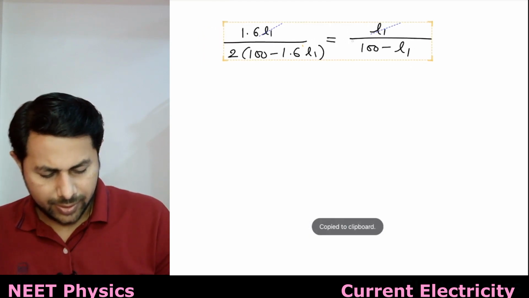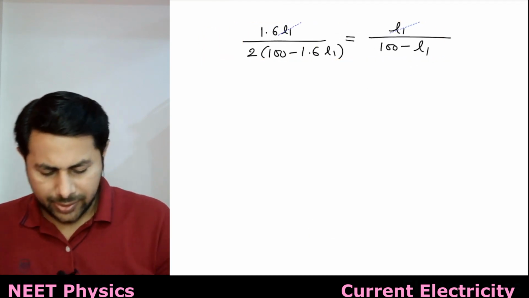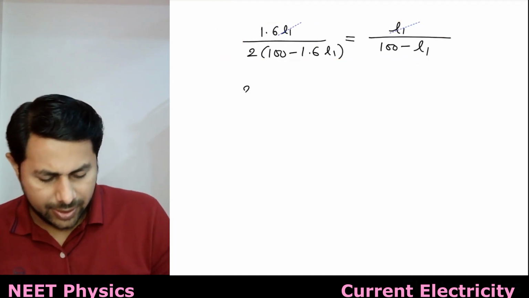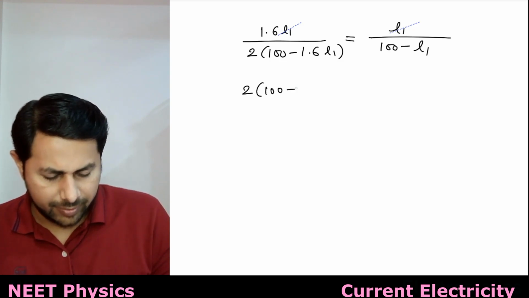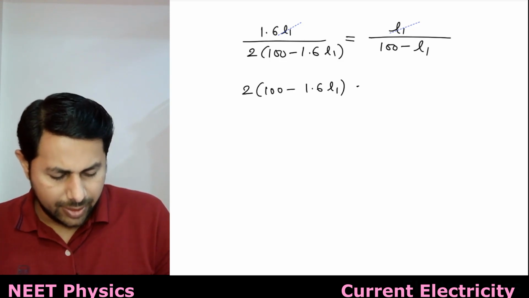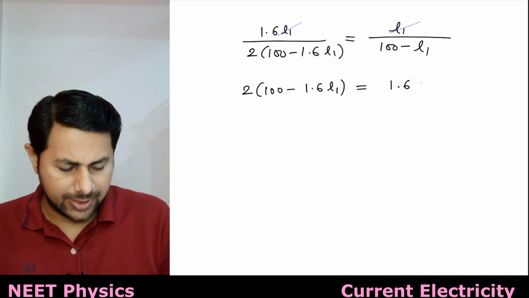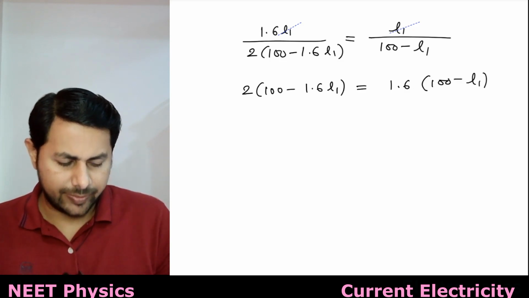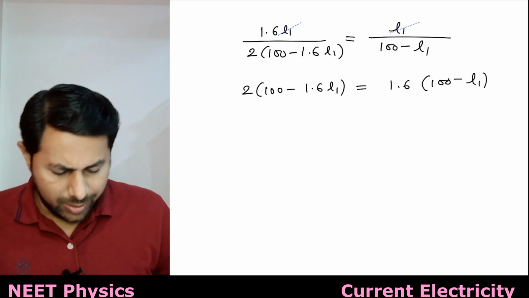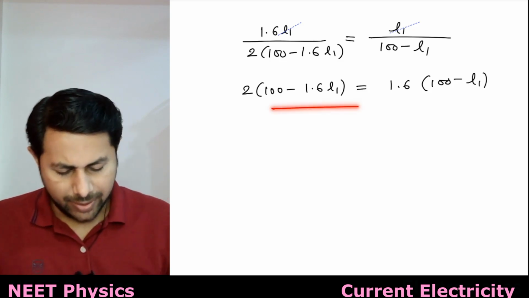Then we can write this as 2 times 100 minus 1.6 L1 equal to 1.6 times 100 minus L1, and then you can find out L1.